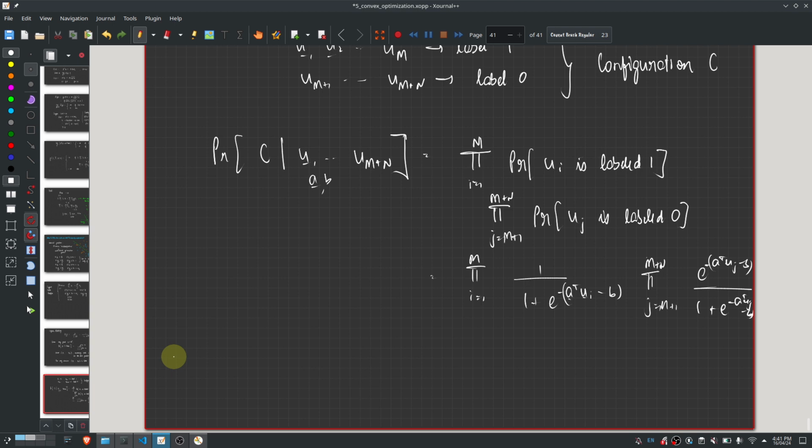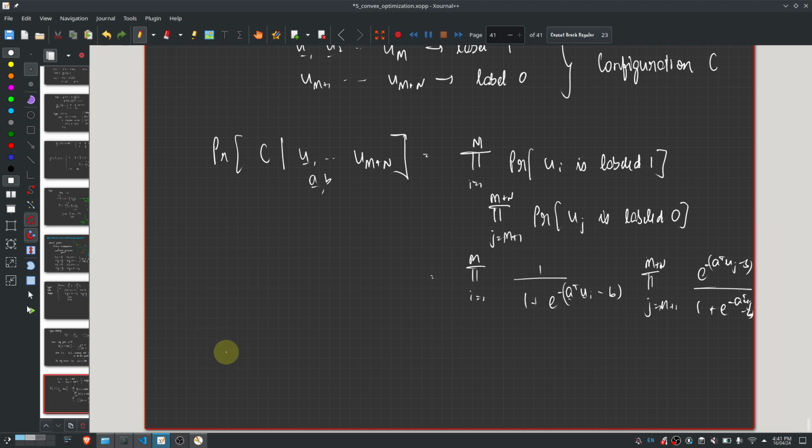Okay, is this a particular principle that you have seen previously? Correct. So it's a maximum likelihood decision rule. The maximum likelihood decision rule is you try to choose that a comma b which maximizes the probability of this particular occurrence of this particular labeling, right?